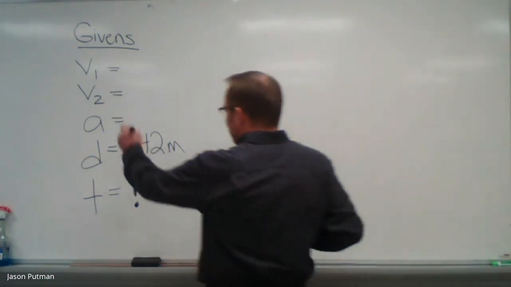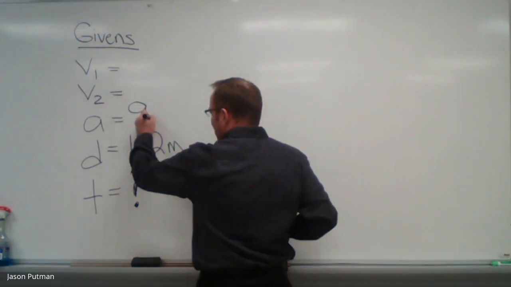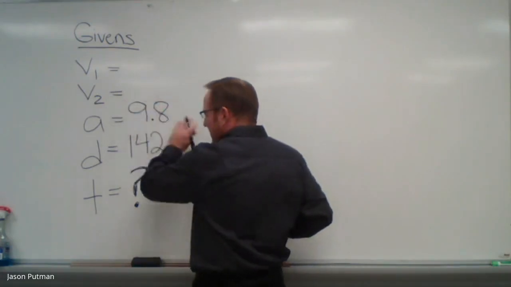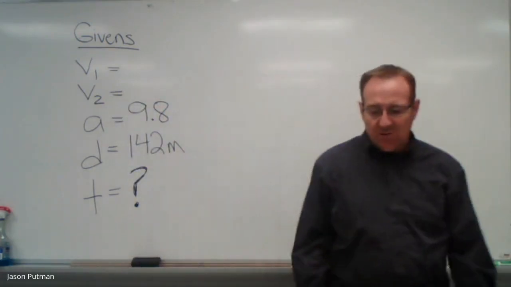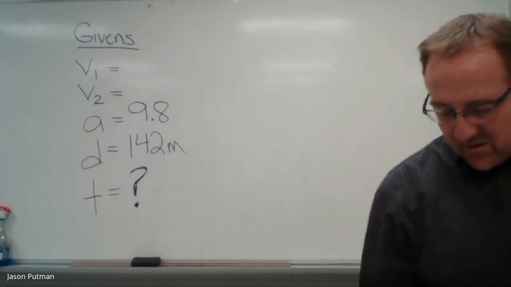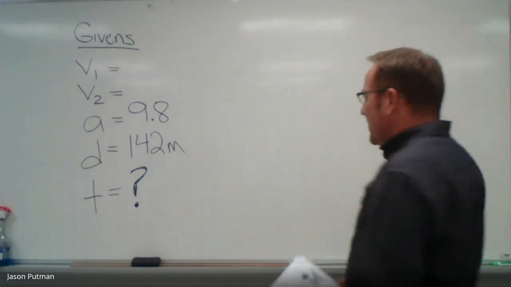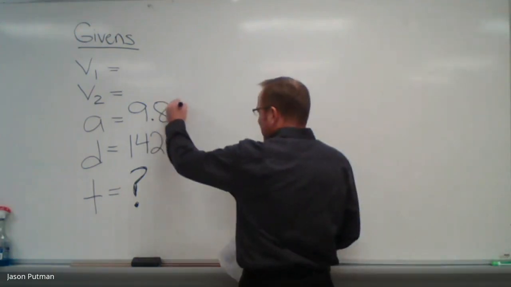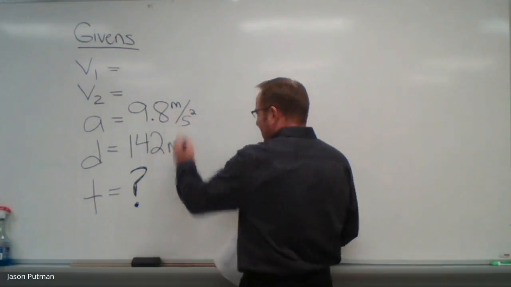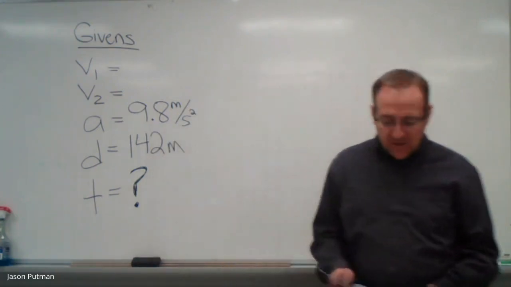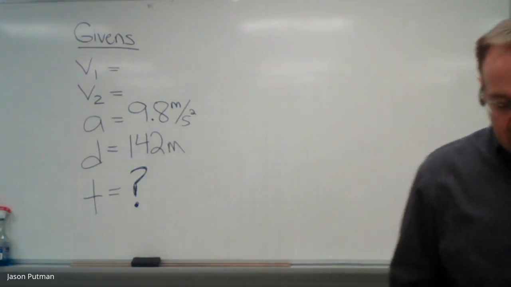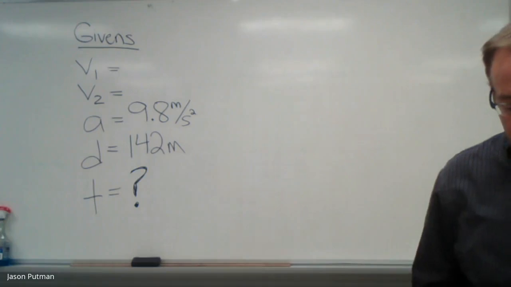The acceleration on Earth is 9.8. And that's a very famous number. From this point forward, you're going to use that number for years. 9.8 meters per second squared. If you jump, you will speed up 9.8 meters per second faster every second that you fall.